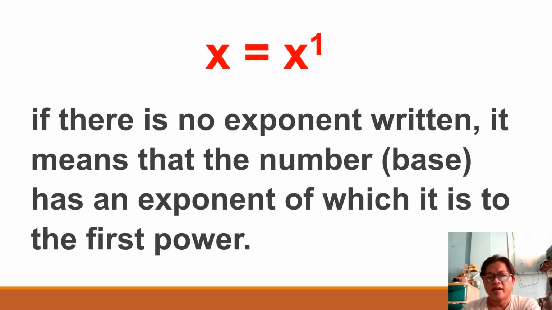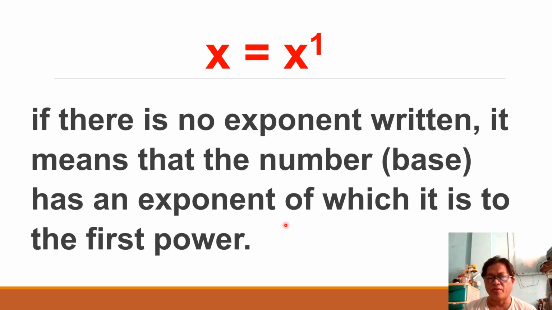Okay, so what about if we use letters or variables to represent numbers like x? It's the same as x raised to 1. Remember that if there is no exponent written, it means that the number or the base has an exponent of 1, which is to the first power.